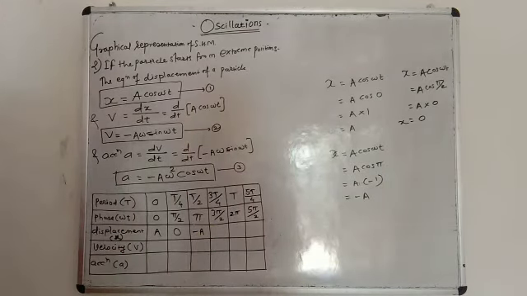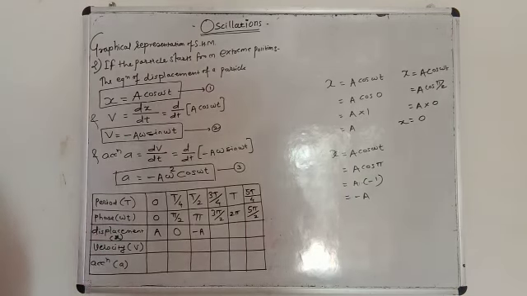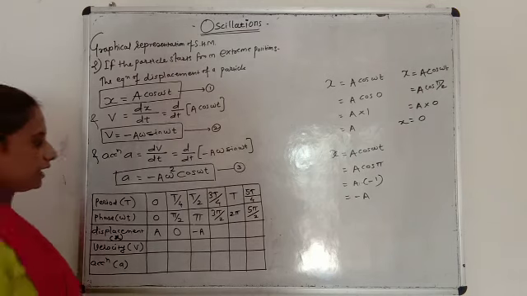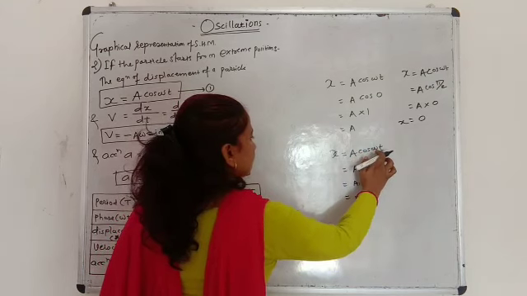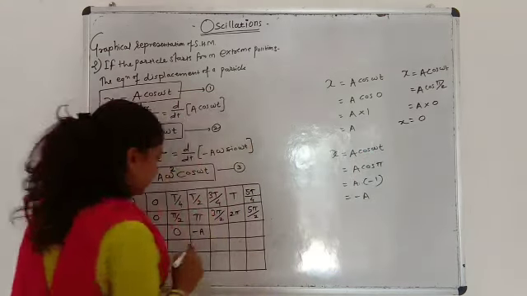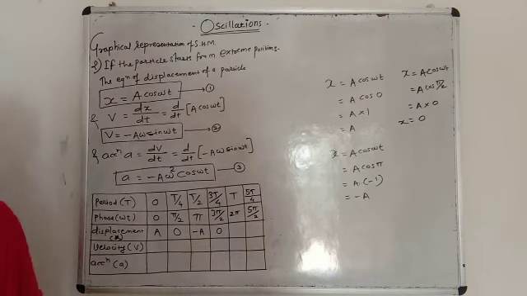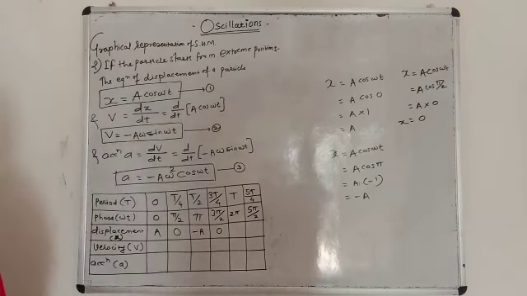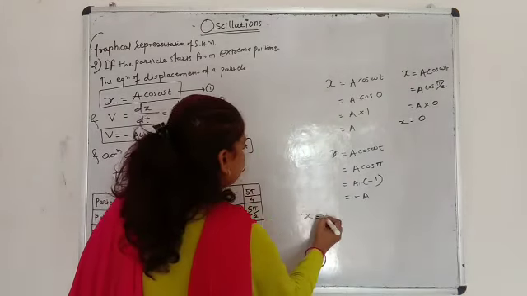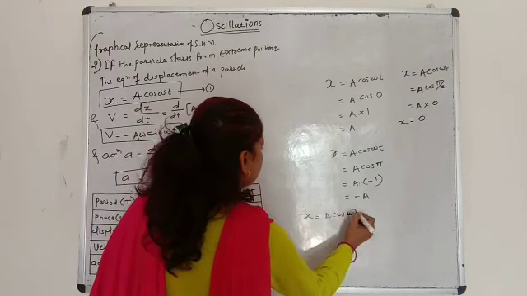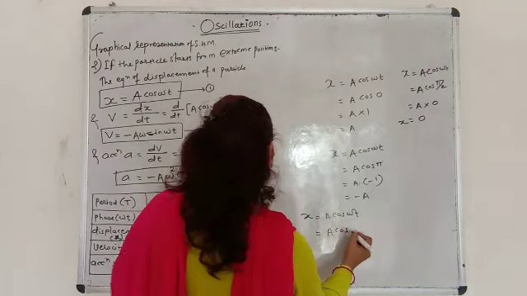Okay. Now cos 3 pi by 2. This cos 3 pi by 2 becomes here 0. Then again here cos 3 pi by 2 is 0. A into cos 3 pi by 2, 0 into a, 0. Okay. Now cos 2 pi. What is cos 2 pi? Cos 2 pi is 1 here. So here x equals to a cos omega t. So here a cos 2 pi.